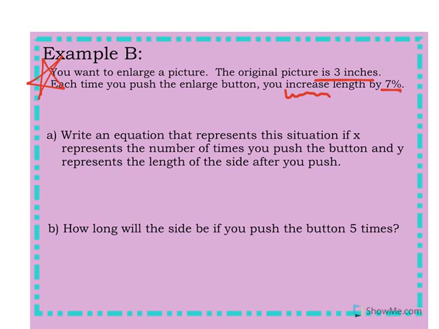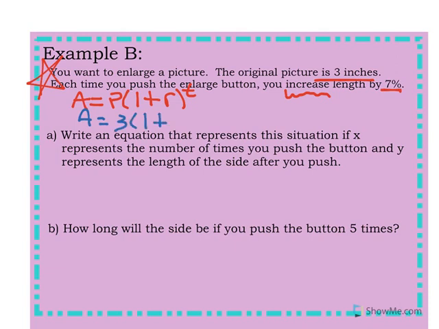Well, the fact that we are increasing means we're going to use the formula that our amount is equal to whatever our initial was, and then 1 plus the rate to the number of times. So very similar to our money one. Our initial or starting dimensions was 3, and then it's 1 plus.